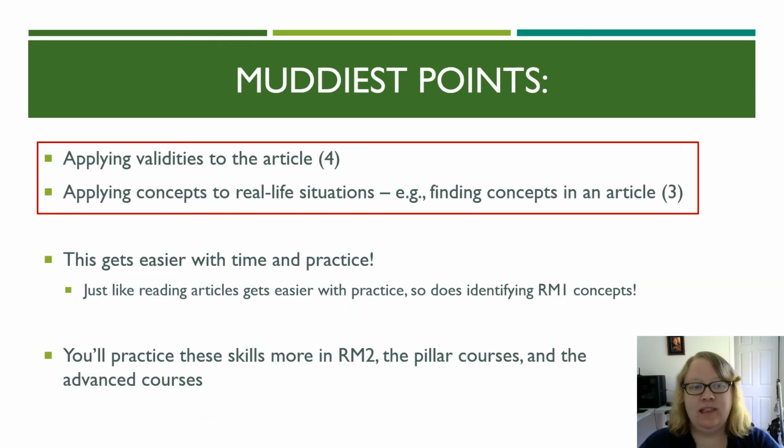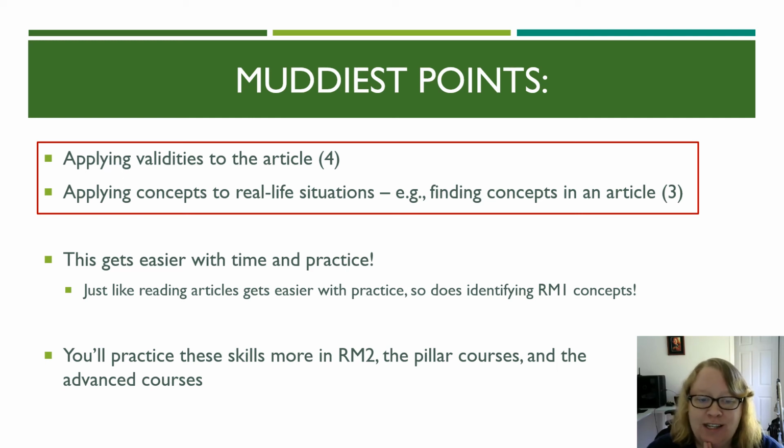Okay, and then lastly, applying validities to the article and applying concepts to real life situations, like finding concepts in an article. I don't have really big tips for you for this. I just want to mention that this gets easier with time and practice. So just like reading articles, I enjoyed reading your responses in homework number 18, where you told me a little bit about how your experience of reading articles has changed over the semester.